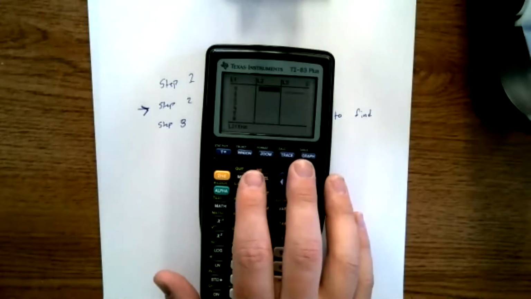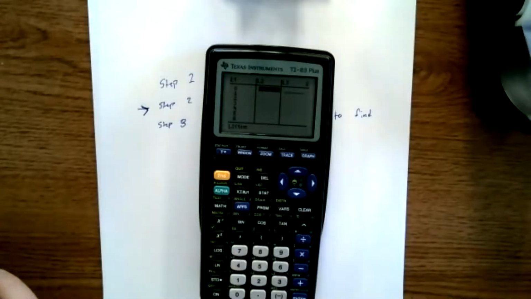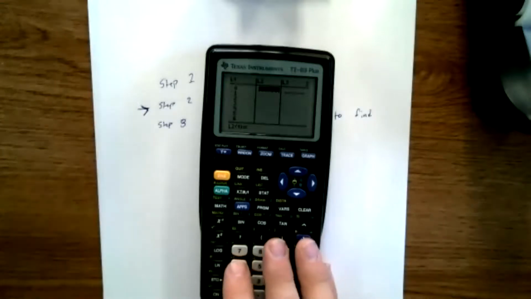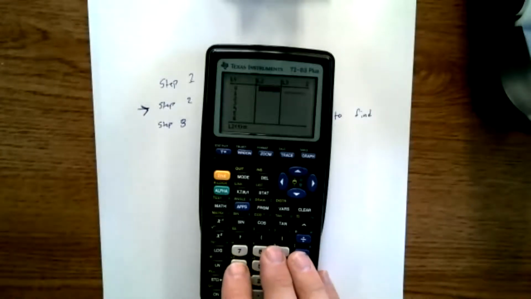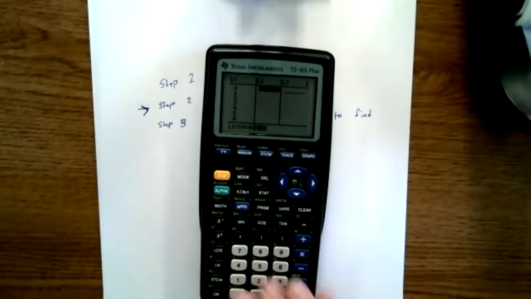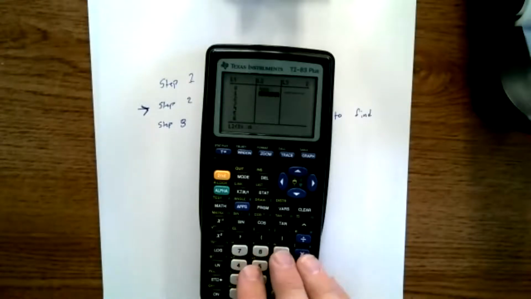Now I hit arrow to the right. The key is to be detailed. You don't want to mix up your X's and Y's, or have them misstated or out of order, because that'll throw off your regression. So now we enter L2, and you've got to hit enter after each one.